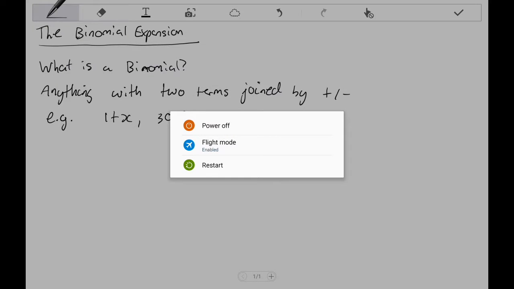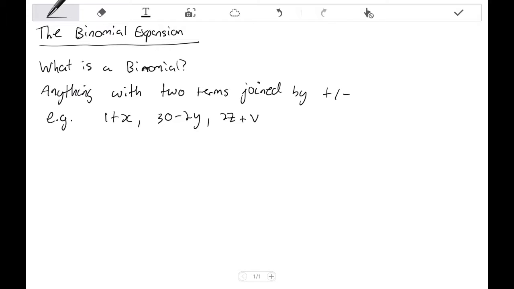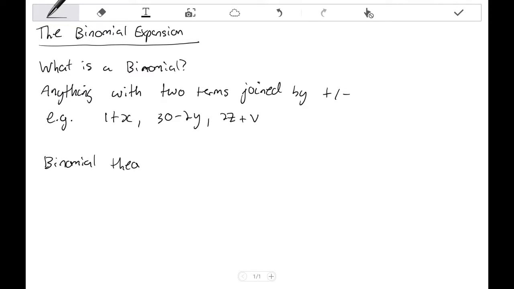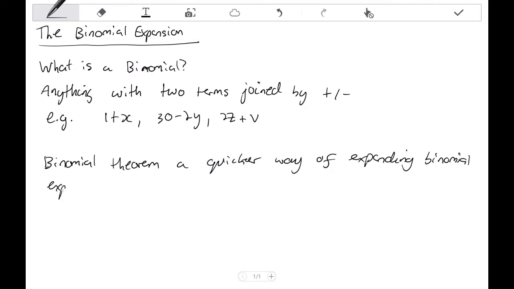What is binomial theory then? Well, binomial theory is basically just a quicker way of expanding binomial expressions such as 2 plus 3x to the power of 4.